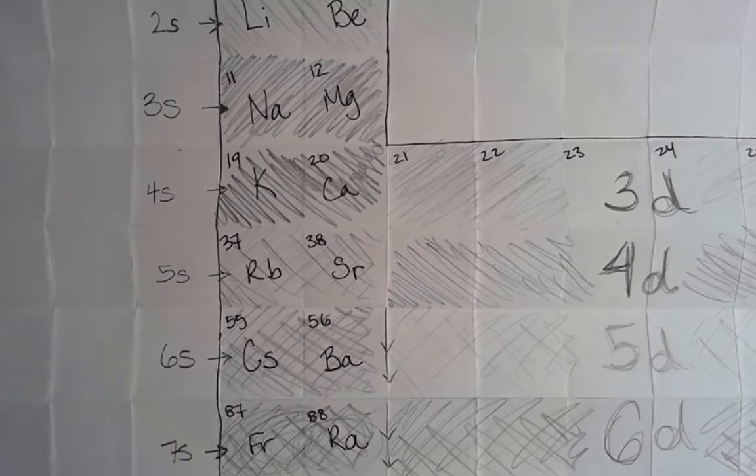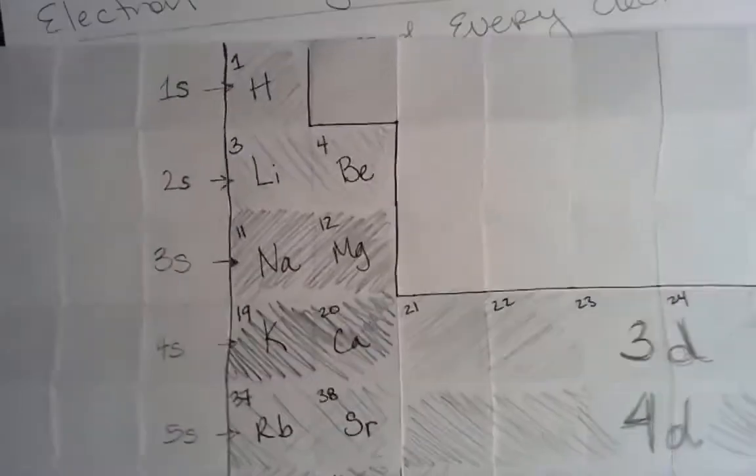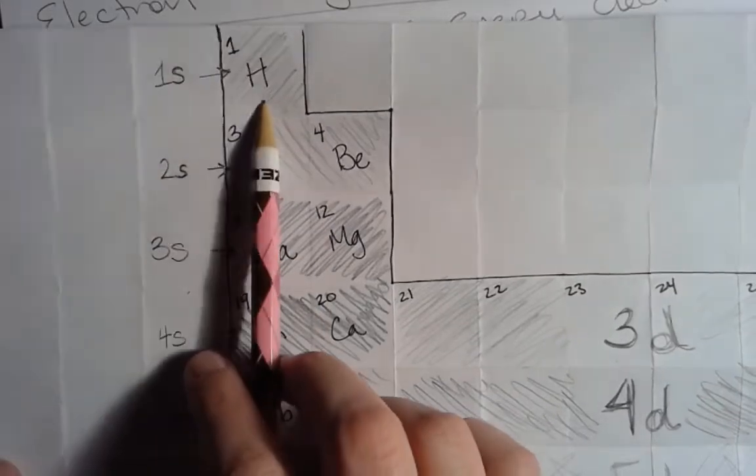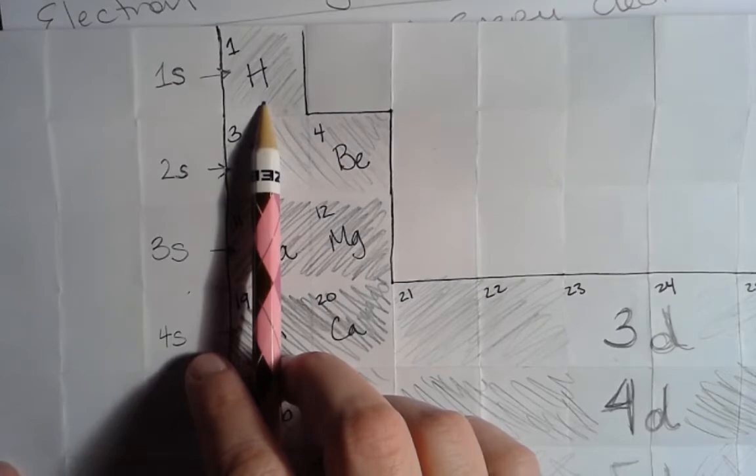Let's start with hydrogen, because that's a nice place to start. Hydrogen's up here. Hydrogen has only one electron because it's got only one proton. Great, only one thing we're keeping track of.